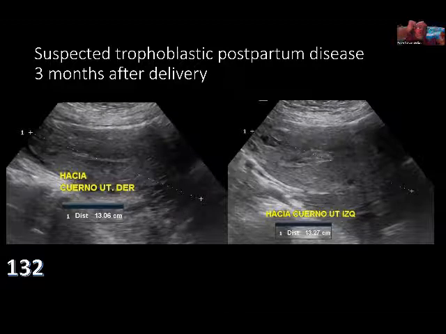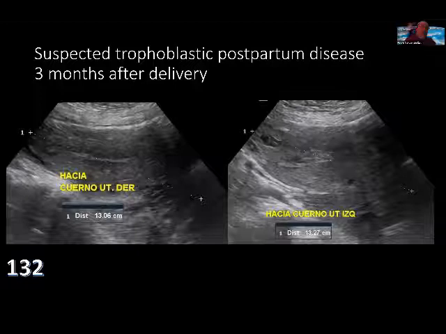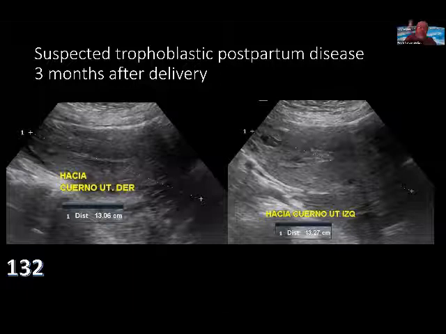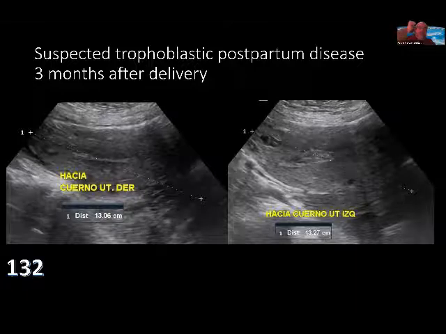And here comes the strange things that you can find sometimes. A lady who's not feeling well 3 months after delivery, with bleeding, with nausea, with positive pregnancy test still, with high levels of gonadotrophin, on bicornuate uterus.